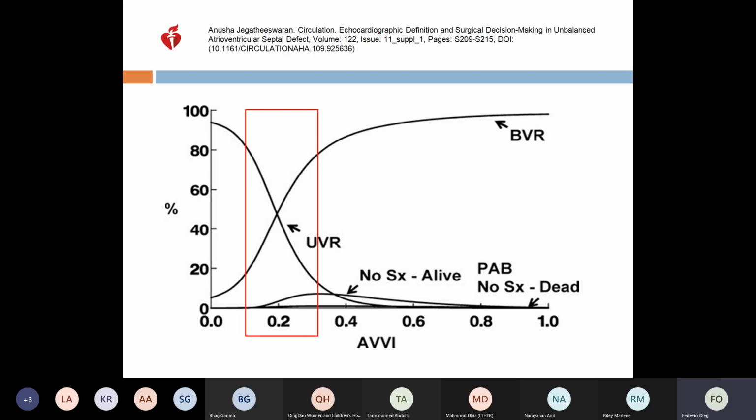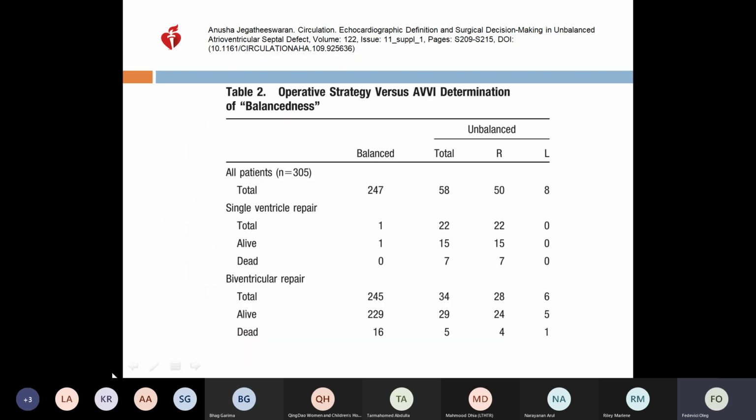And you can see that the mortality is the highest in this borderline group. So they got 300 patients, and most of them were balanced, and you've got some minority of left unbalanced type and a bit more of right unbalanced type.